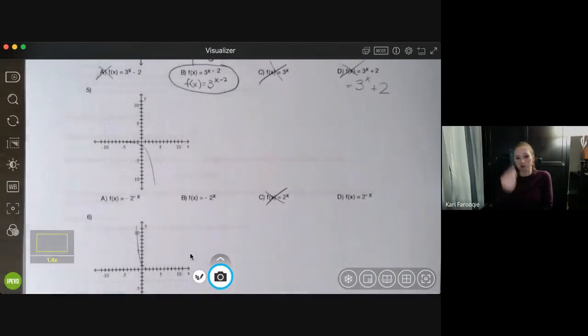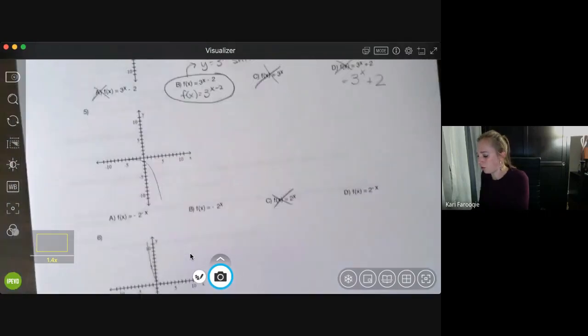Some of you are probably just graphing this on your calculators and seeing, does this match? Yes or no? Negative in the function itself. X-axis reflection or y-axis reflection?